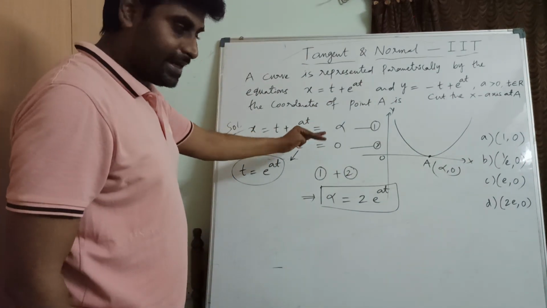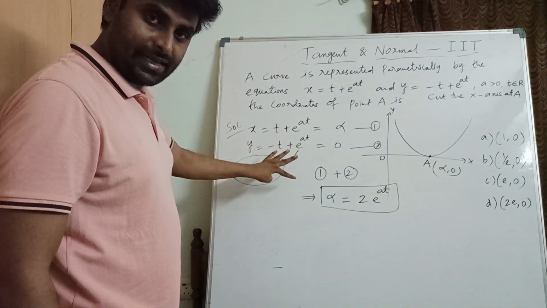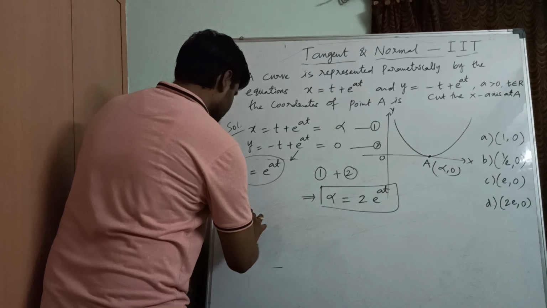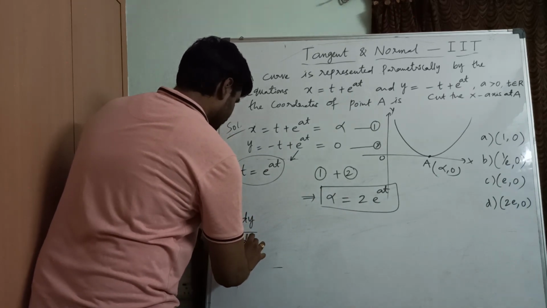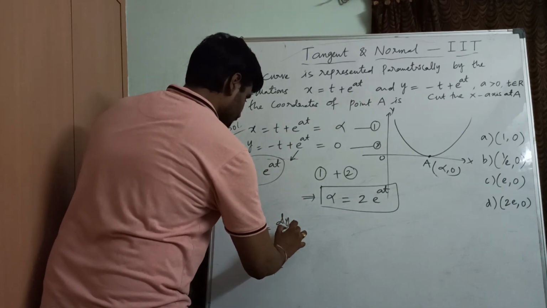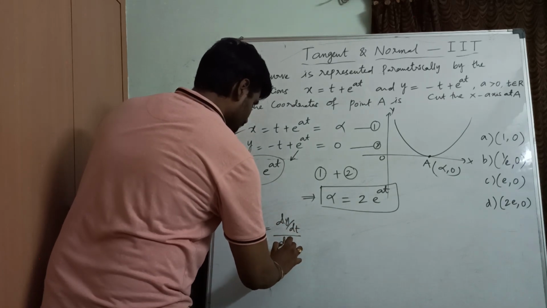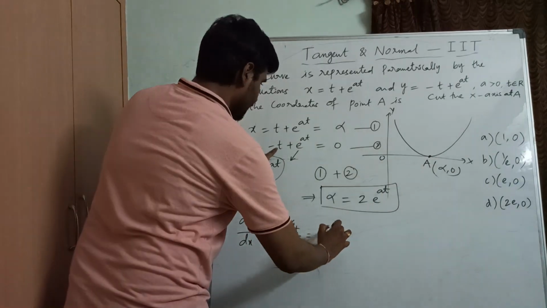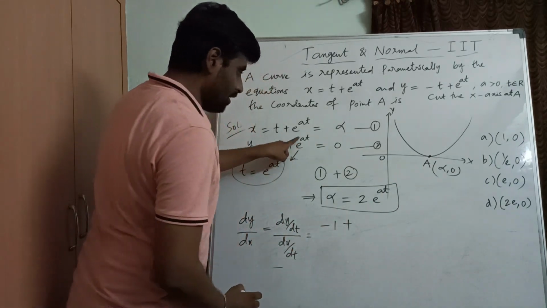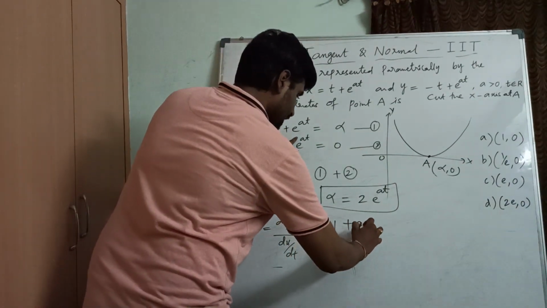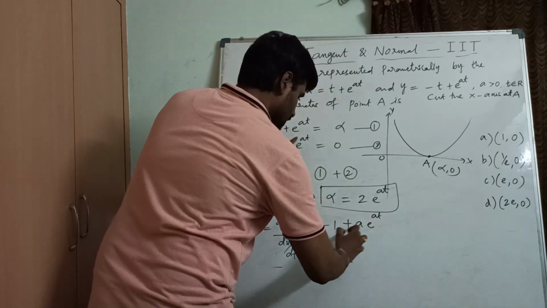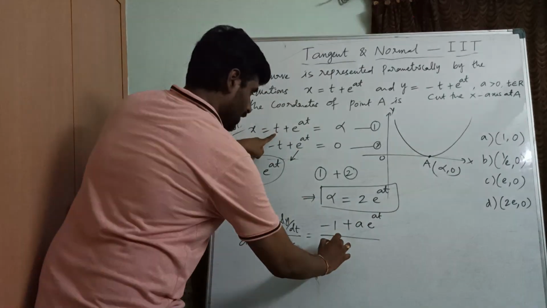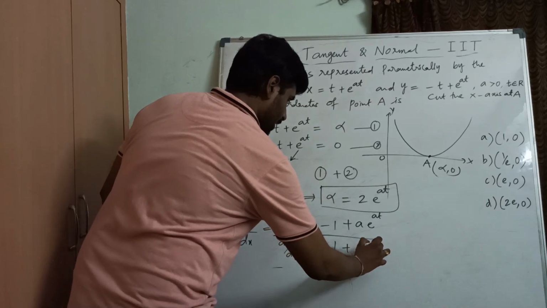Now, generally we will differentiate both the curves. We can find dy by dx, which means dy by dt divided by dx by dt, that you know, right? If you differentiate the second curve, minus 1 plus a into e power at.